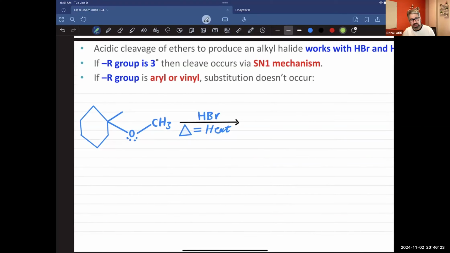Okay, what will happen if one side of the starting compound is a tertiary carbon? Let's say here we have a tertiary carbon, and this one is just a methyl group, and we are adding acid to the system plus heat. So I'm going to say this is going to happen.